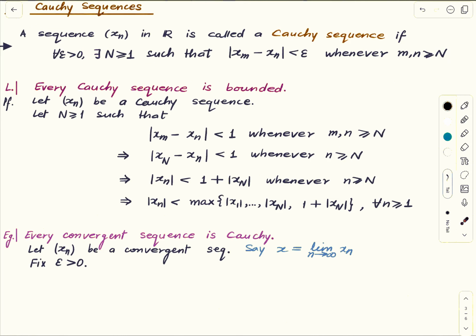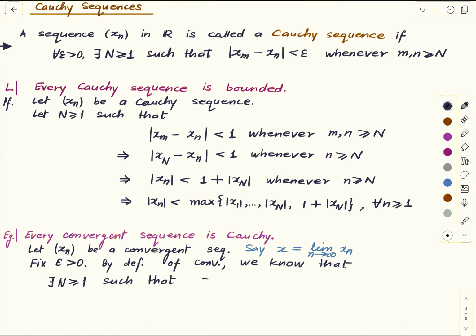All right, now by definition of convergence, we know that there is some capital N such that this is at most epsilon by 2.